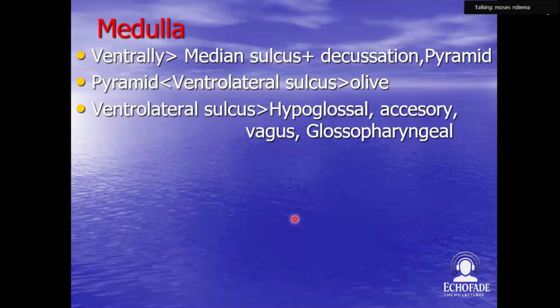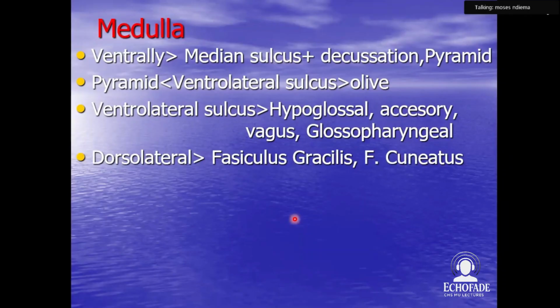The dorsolateral part, if we look at the dorsal part, which is also a continuation from the spinal cord, in the lower part of the medulla oblongata, we have fasciculus gracilis and fasciculus cuneatus, which is continuous with that of the spinal cord.